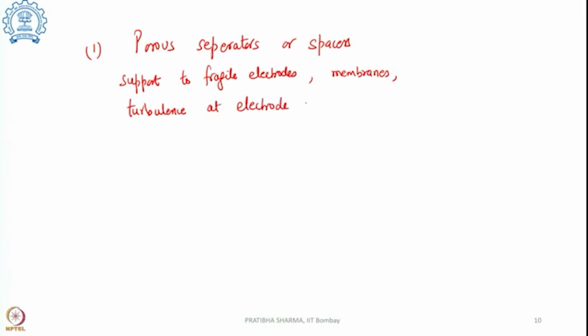However, they cannot prevent the movement of solvent, and they cannot prevent mixing of anolyte and catholyte. Usually the pore size of these separators lies in the range of 0.5 to 12 mm.